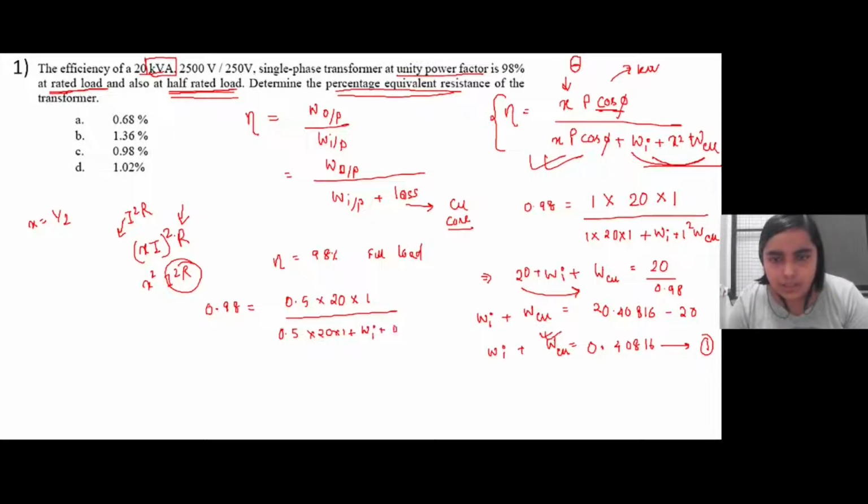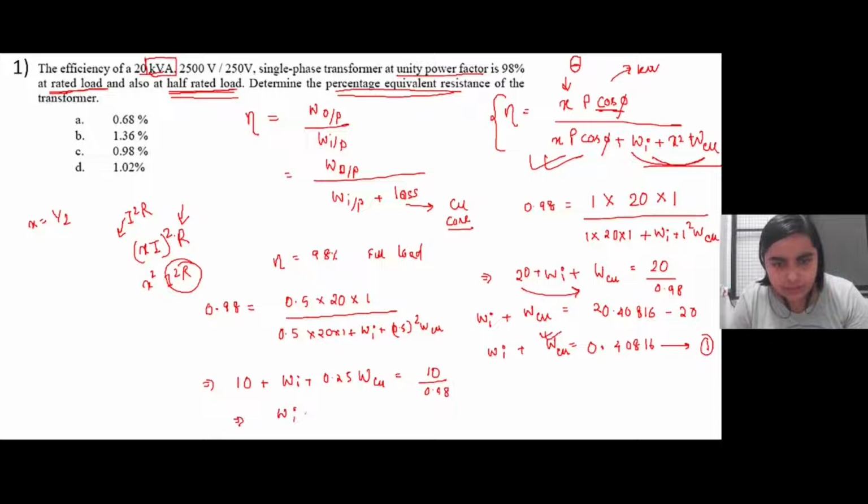It will be 0.5 squared. Let's rearrange this properly. So 0.5 into 20 is 10. So 10 plus iron loss plus 0.25 copper loss is equal to 10 divided by 0.98.